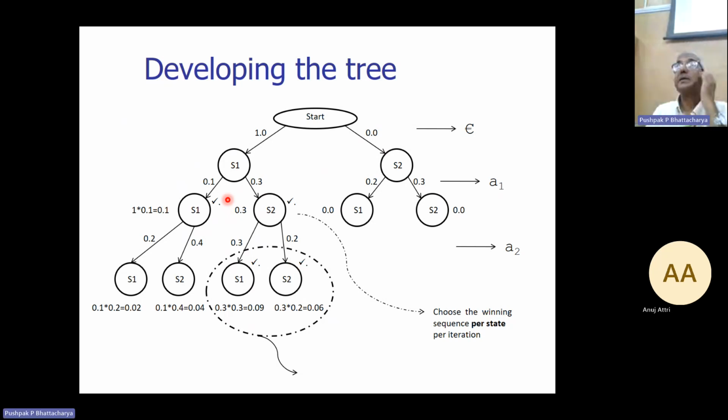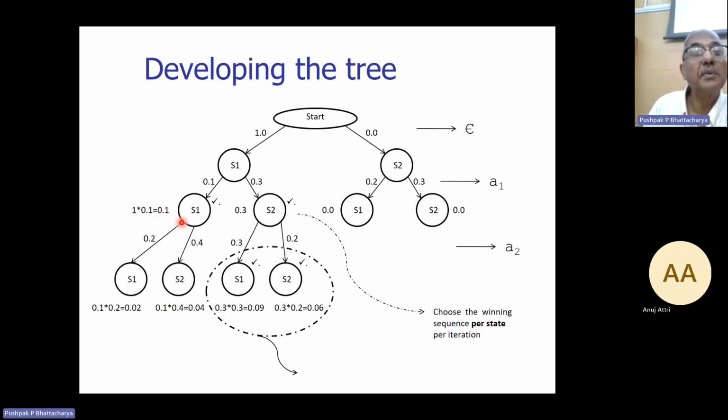Now something important happens. So that is the heart of the Viterbi algorithm. Okay. What happens is that we have to take the whole path starting from start to S1, S1 and S1 here. So on the way, whatever probability values are there, we keep multiplying them.